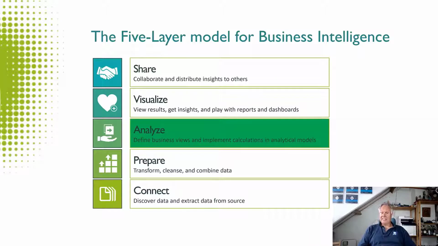We create relationships between tables, and we do everything in order to get your visualization done. The layer 4, visualization, uses all the things you have done in the previous layers in order to get your insights. And to share your insights, that's the 5th layer.